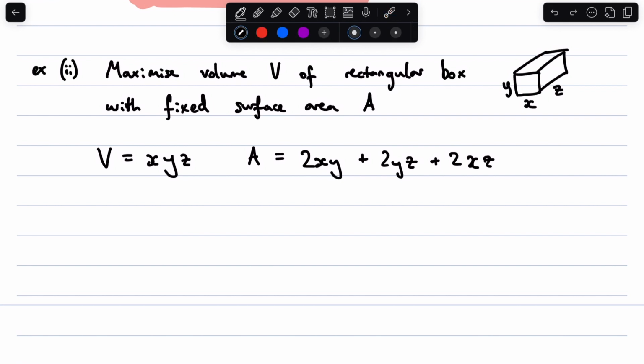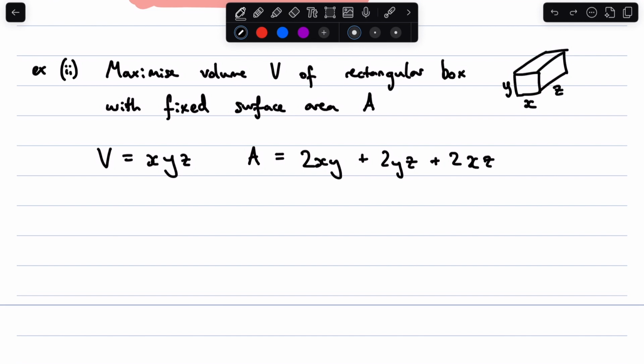In this description, x, y, and z are not independent. We have that if we changed x, for example, we'd need to change y or z accordingly to keep our surface area the same. So what we want to do is take one of these variables out of the equation, literally, and then we can work from there. So let's say we take z out of the equation.